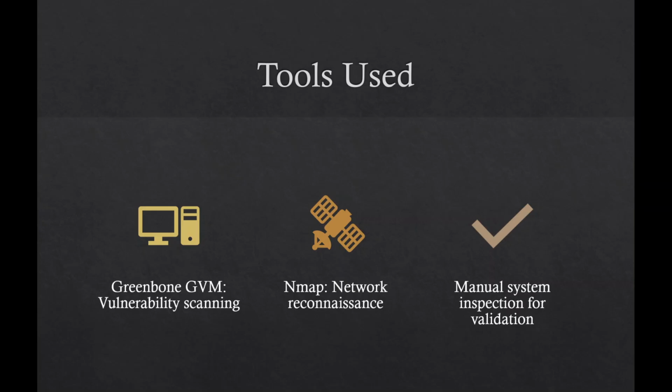The second tool was Nmap, a network reconnaissance tool that helped me map out open ports, active services, and additional entry points an attacker might exploit. Both tools were essential because they complemented each other. Greenbone identified the vulnerabilities, while Nmap gave me network visibility per scans.